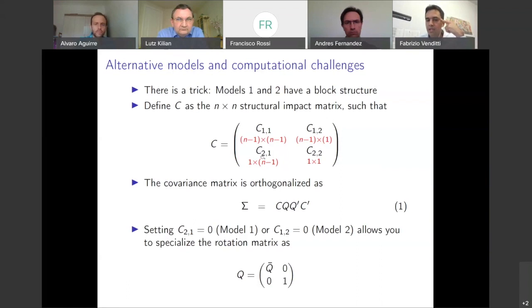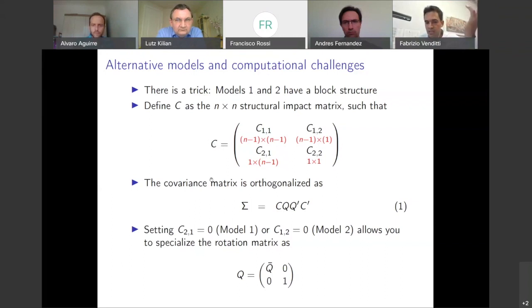I have divided it into different blocks. So the matrix C, which is an n by n matrix, has a square block on the top left-hand side, C11. Then this is a column vector, n minus 1 times 1. This is a row vector, so it's a long vector, and this is a scalar. So you can just simplify it in this way.